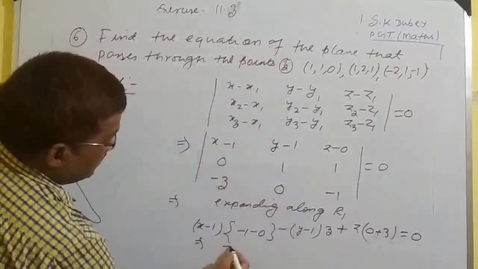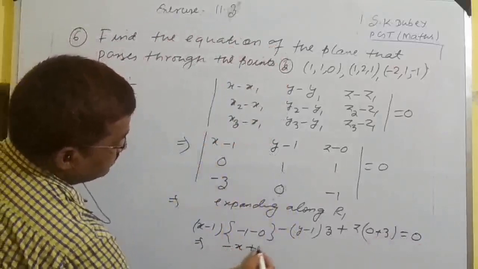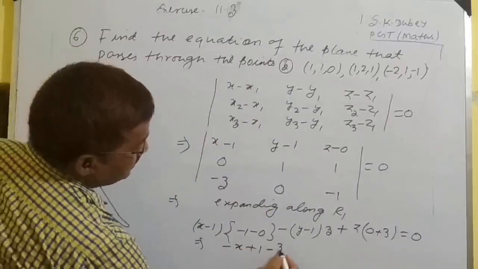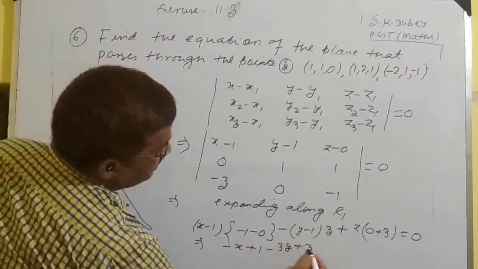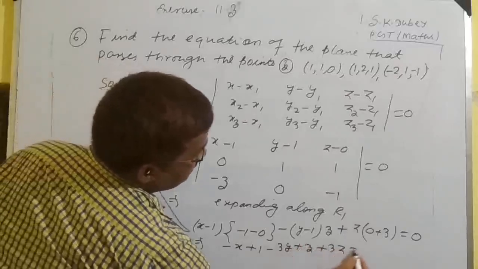Now this is minus x plus 1 minus 3y plus 3 plus 3z is equal to 0.